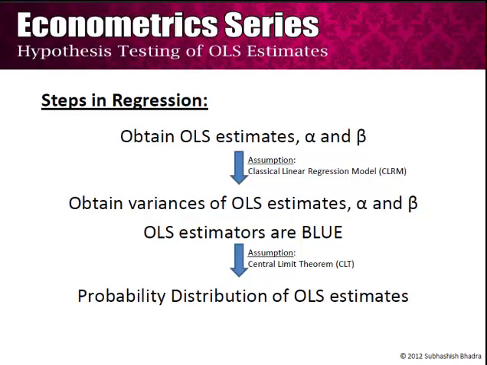Finally, let us talk about the probability distribution of OLS estimates, because once we assume the central limit theorem, we can say more about how alpha and beta are distributed. So what is the central limit theorem?